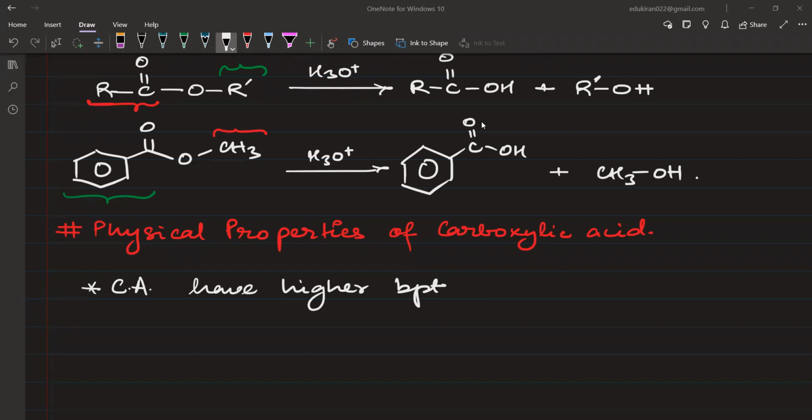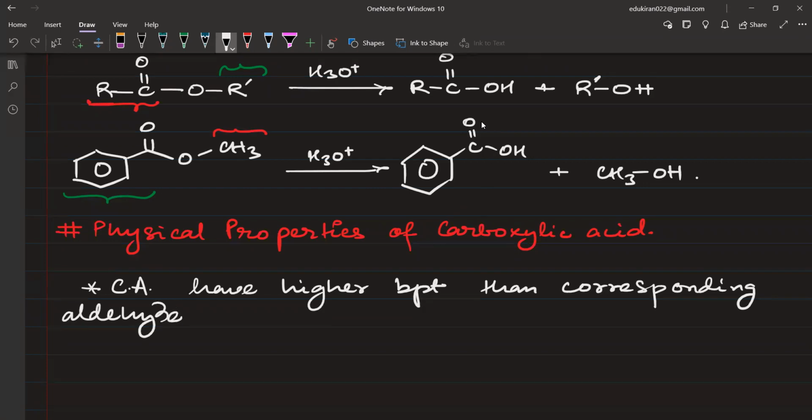Carboxylic acid has a higher boiling point than the corresponding aldehyde and ketone, and also alcohol.